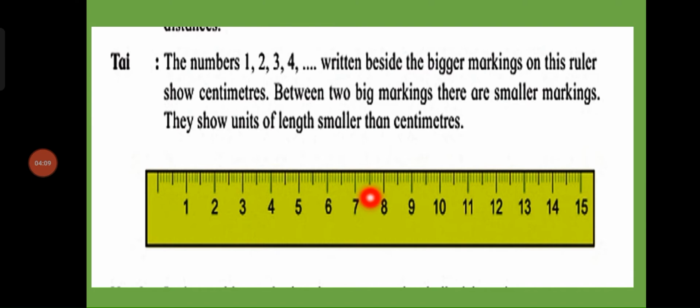Now you can see over here the numbers 1, 2, 3, 4 written beside the bigger markings on this ruler show centimeters. Between two big markings there are smaller markings. They show units of length smaller than centimeters.